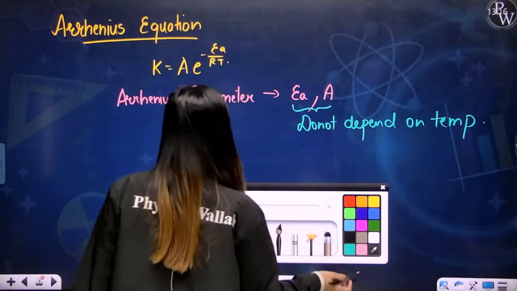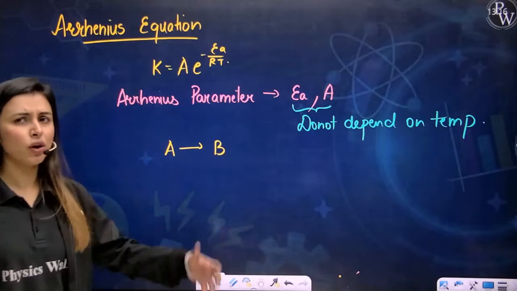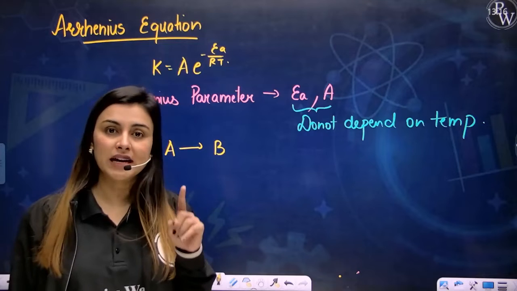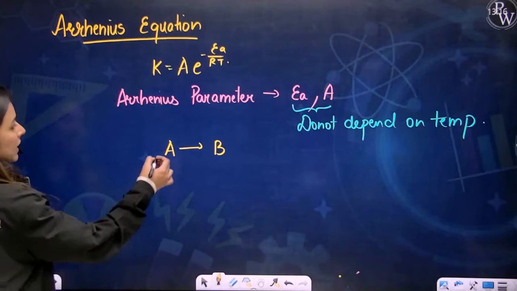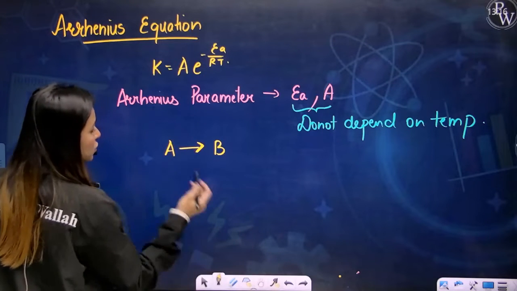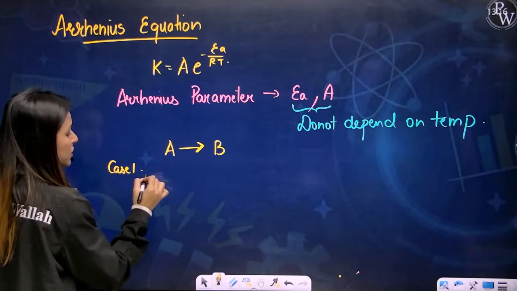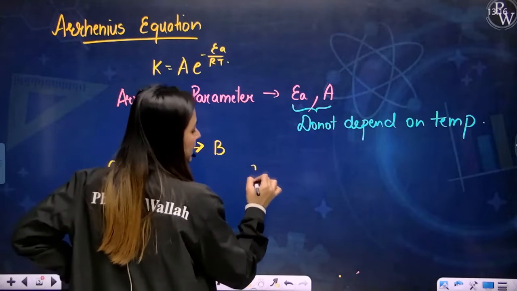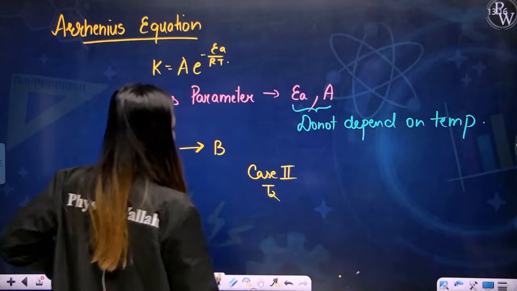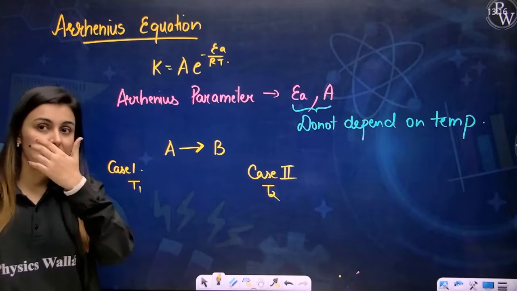Let me tell you that we have a reaction A to B. This is your elementary reaction, because we know that the Arrhenius equation is valid only for elementary reactions. Let's say that it has a rate constant, some k. Let's write it here. Here, my dear students, let's take case 1, which is at temperature T1, and case 2 at temperature T2. So for the same reaction, you have two different temperatures.